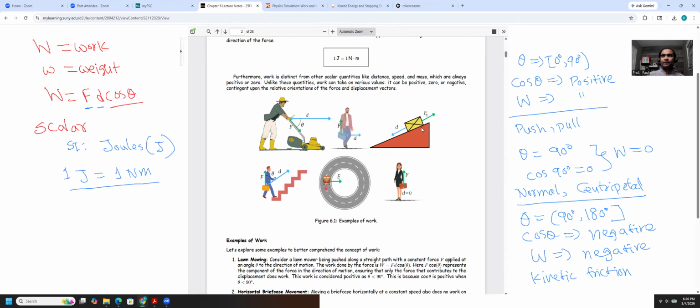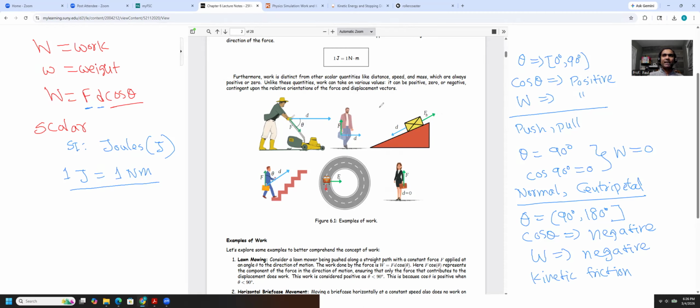All right, so here the object is sliding downward. So the displacement is in this direction. And you know that kinetic friction is always opposite to the direction of motion. So kinetic friction is in this direction, right? So displacement is in this direction, kinetic friction is in this direction.